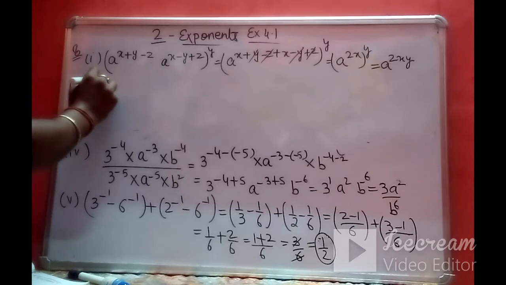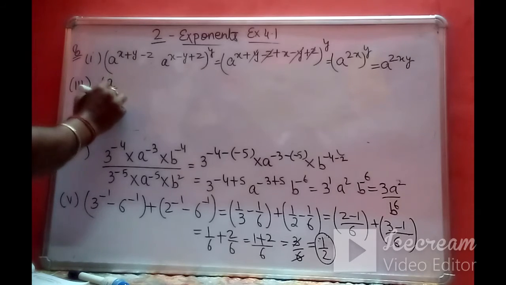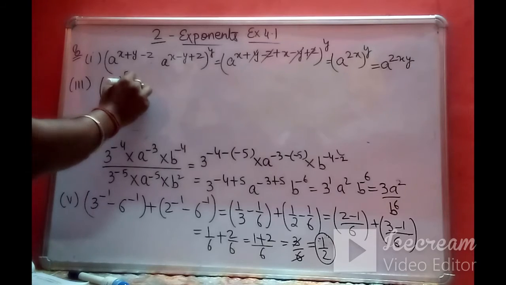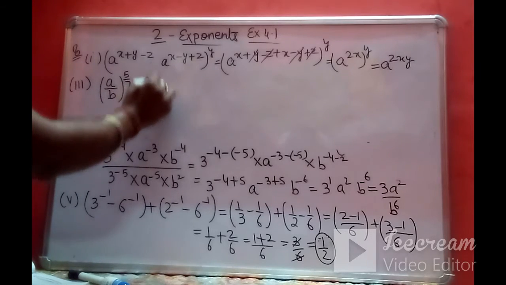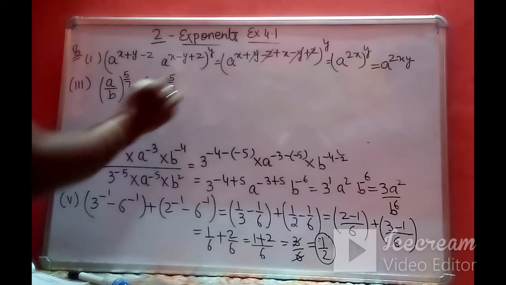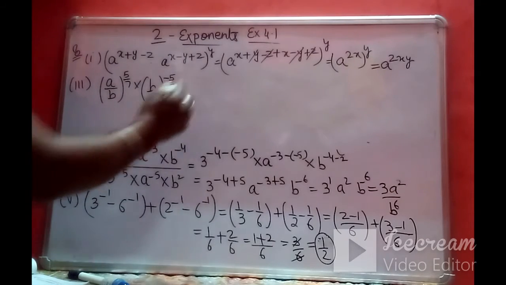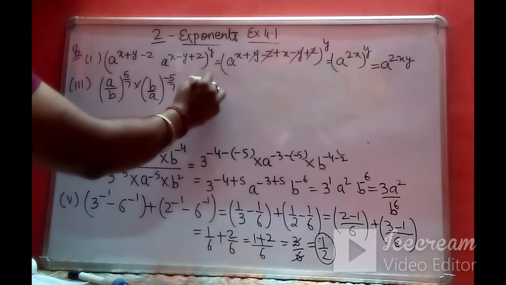Okay, then in the third part, again we will use some concepts here. 5 upon 7 into b upon a to the power minus 5 upon 7. Like I have told you, neither the base is same nor the exponent is same, but we can make them same. How?